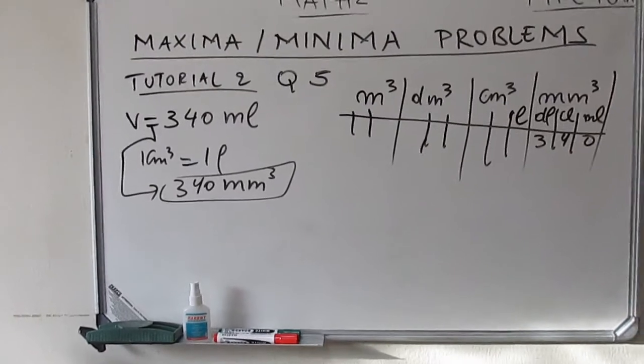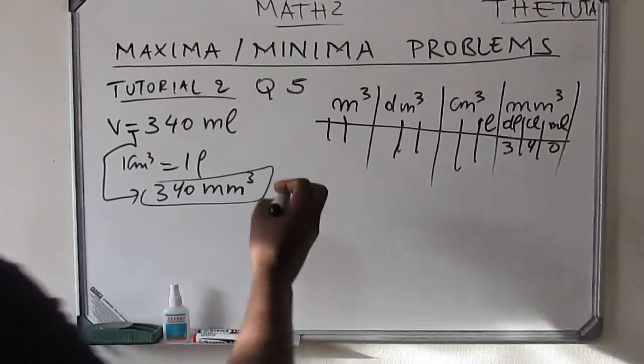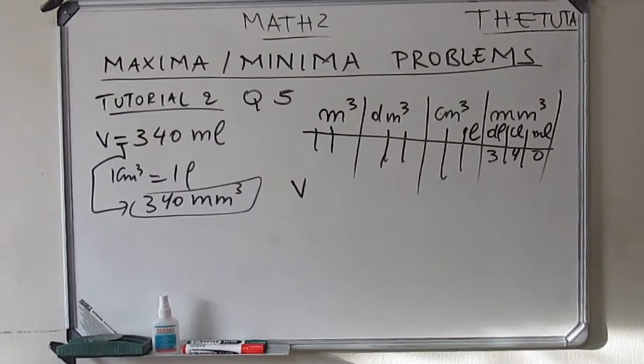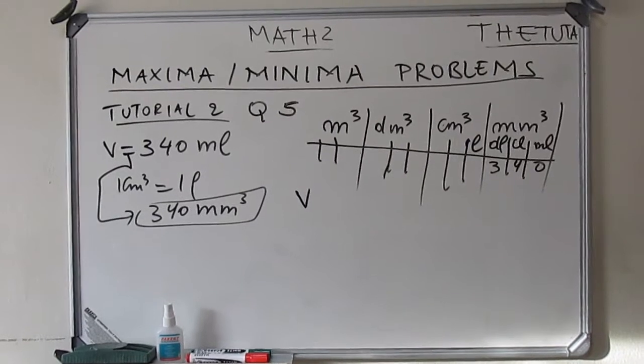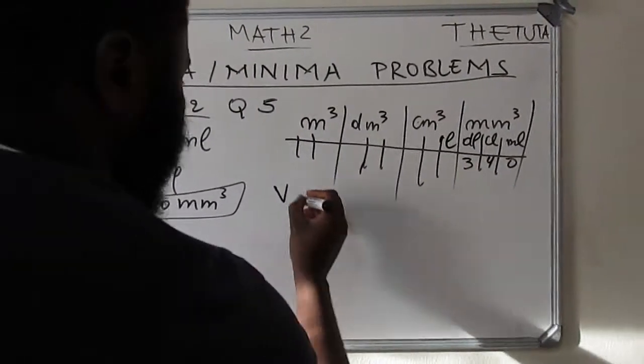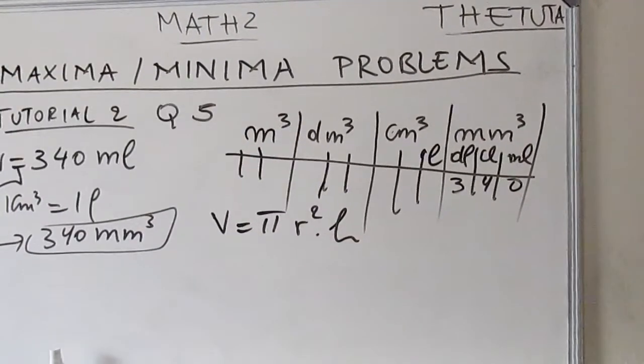So this is what we're going to use for this question, because they asked us to find what? The radius. Okay. You need to know the formula of the volume of a cylinder, which is pi r squared multiplied by the height, okay?